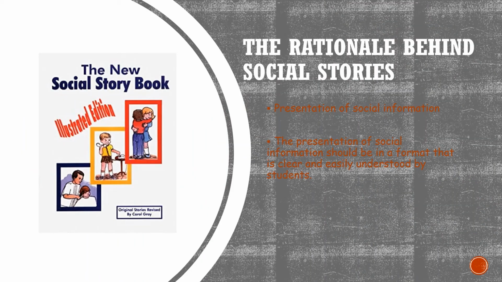The third consideration is presentation of social information. The presentation of social information should be in a format that is clear and easily understood by students. In traditional teaching methods, a social interaction is structured between students and the teacher.